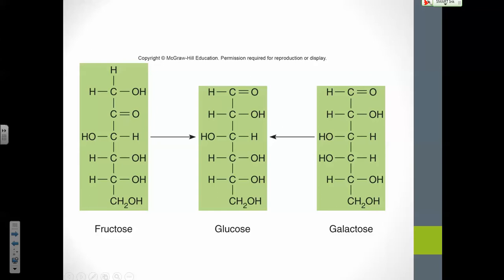You don't have to know this for the test, but their molecular formula, regardless of which one it is, is C6H12O6. We always think of that as glucose, but so is fructose and so is galactose. If you counted up the hydrogens, carbons, and oxygens, you'd see that. But the way they're arranged is a little different, so their structural formulas are different from each other. You have the enzymes to interconvert those very easily.